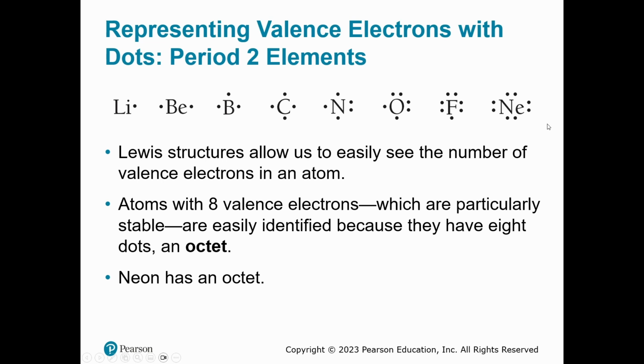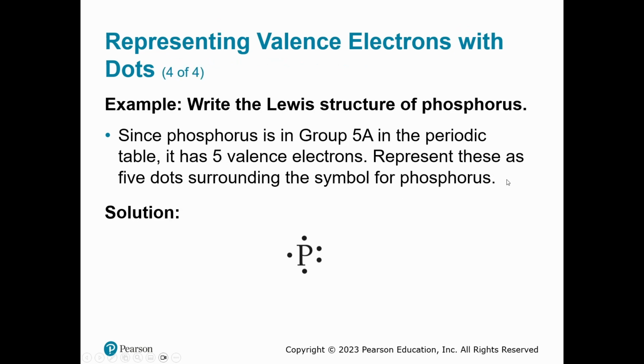We don't do this for the transition metals and the lanthanides and actinides because they have the 18 electron and the 32 electron rules. That would be really cumbersome to draw all those around. And it's just not a useful mechanism for those elements. So we just do this for the main group.